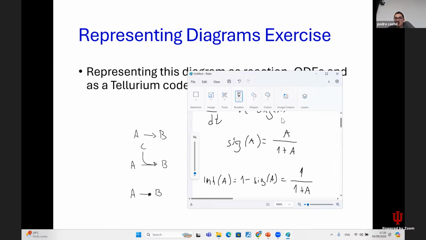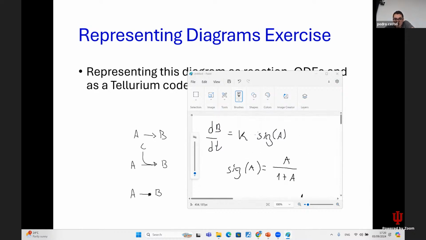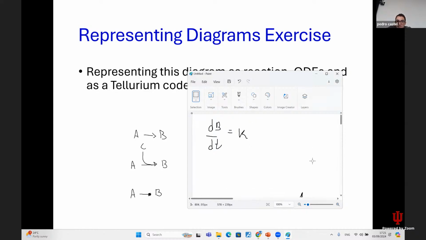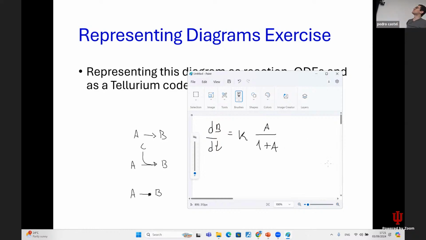So if A is 0, this is 1. If A goes to infinity, this is 0. So we can finally write our equation as K times A over 1 plus A. This is our very, very simple sigmoidal function.